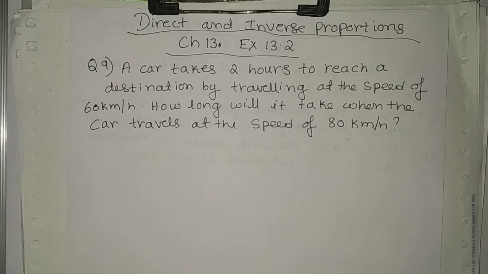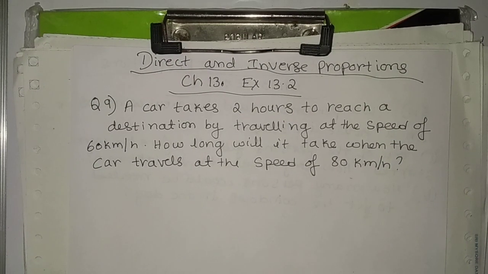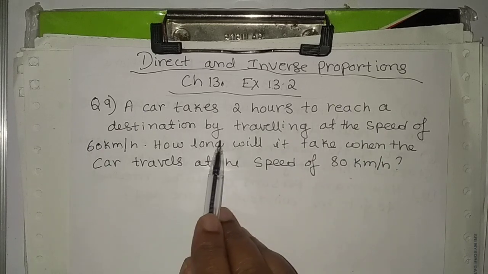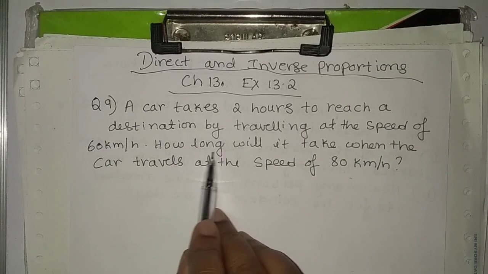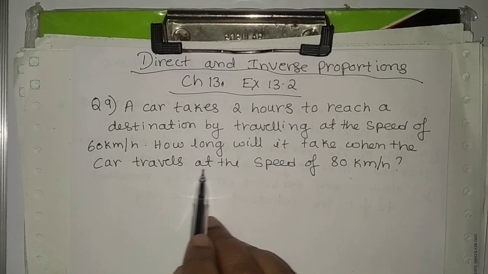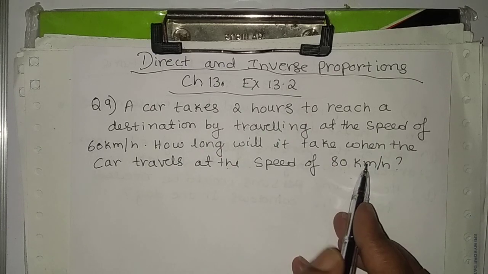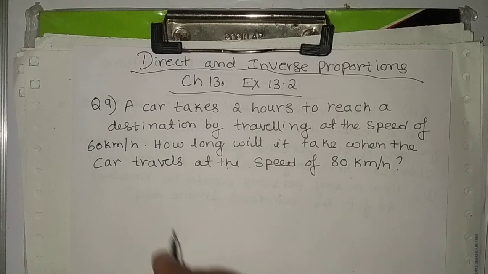Now we move on to the 9th one. The ninth problem is: a car takes 2 hours to reach a destination by traveling at a speed of 60 km per hour. How long will it take the car to travel at a speed of 80 km per hour?